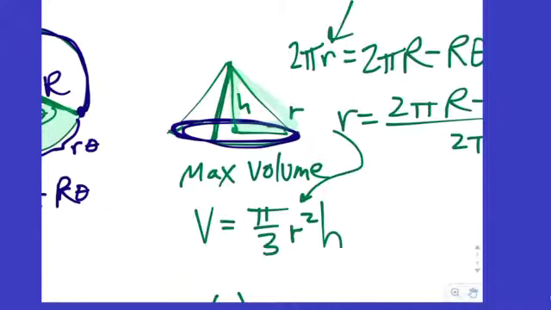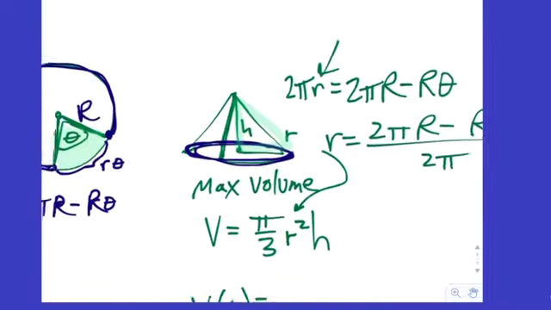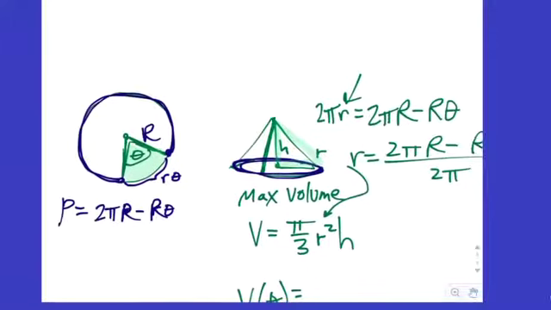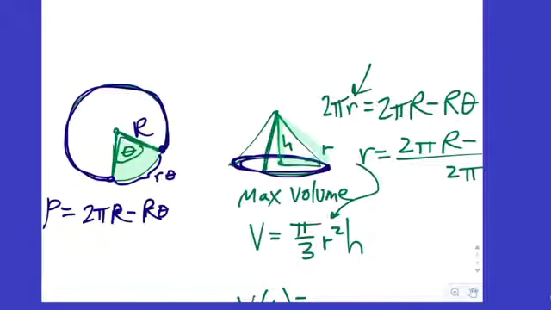Pythagorean theorem, good. The height of the cone is little h, the radius of the cone is little r. What's the hypotenuse, the slant height? It should be big R, right? If you bring these two together, the radius of the circle ends up being the slant height right here.